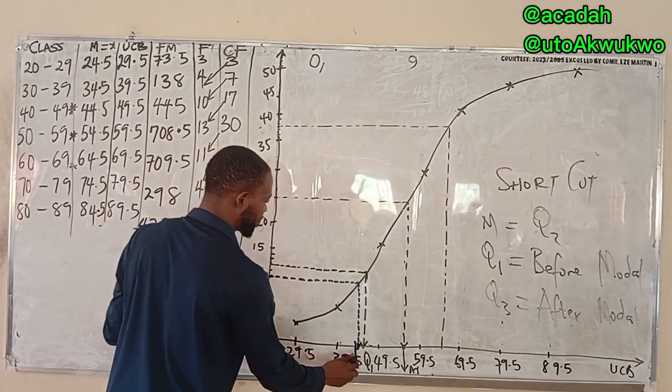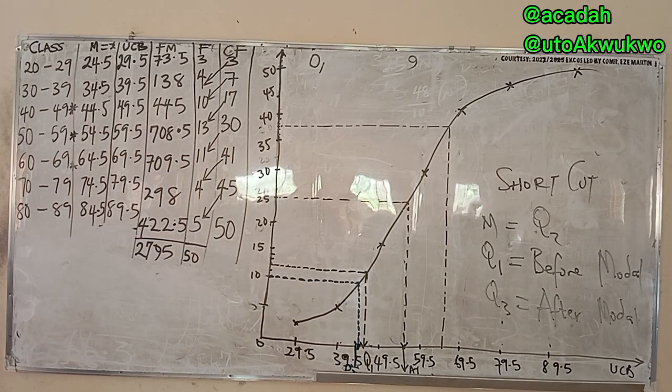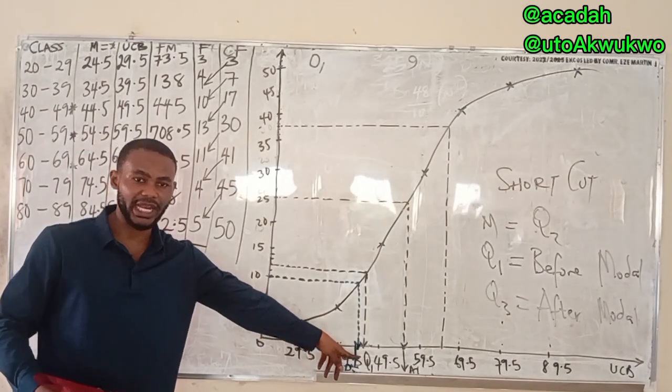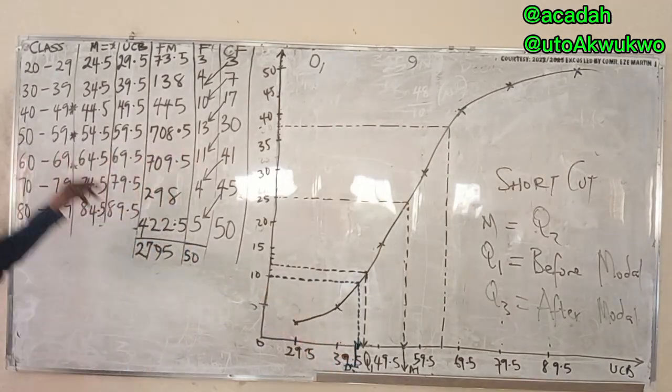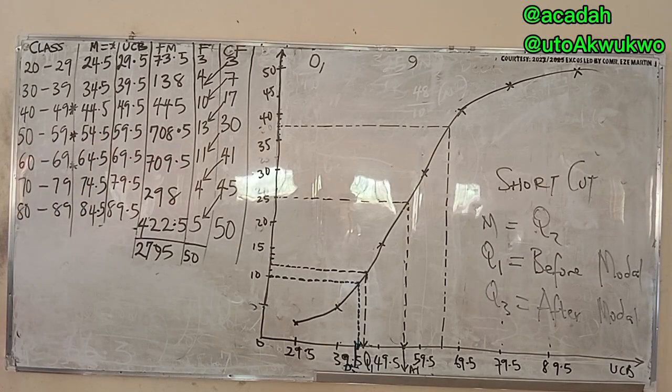You either write it as D2, second decile. Or if you don't want to use it like that, you can just note the class. So if you notice that class, notice that the class is the first quartile class, the class before the modal class. So if you notice it, you can then go back to use this formula.